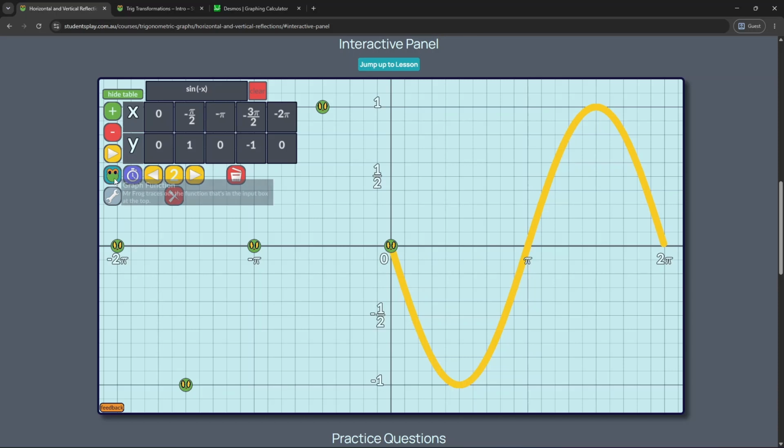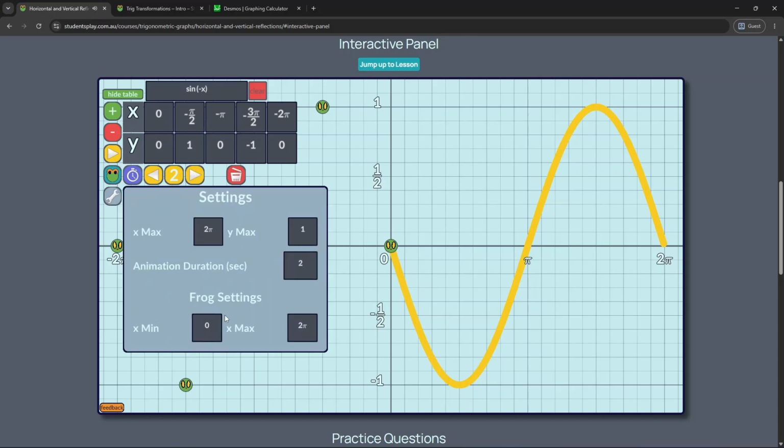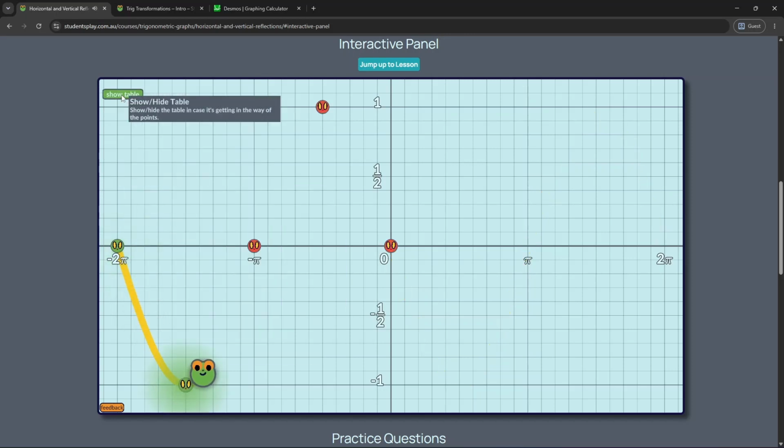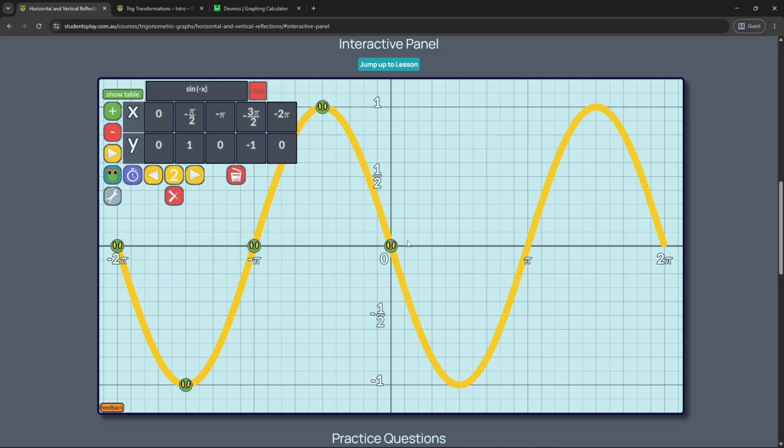If we graph it right now, it won't work because the frog currently is set to only go from 0 to 2 pi, but we can change it to be -2 pi. And then we can leave that as 2 pi, that's fine. Let's close this and run it, I think it should work. We'll hide the table. And yeah, there we go. And so we can see everything's just been reflected.